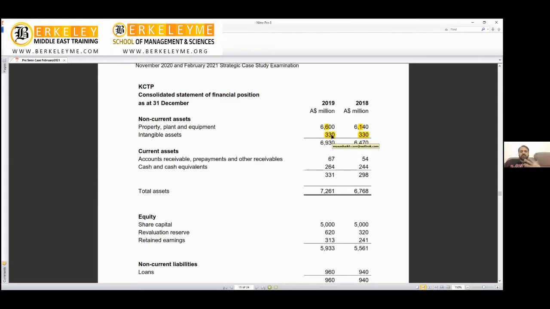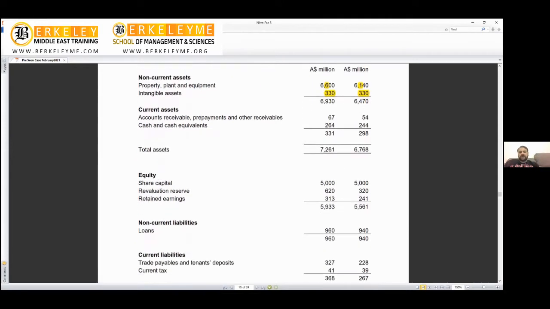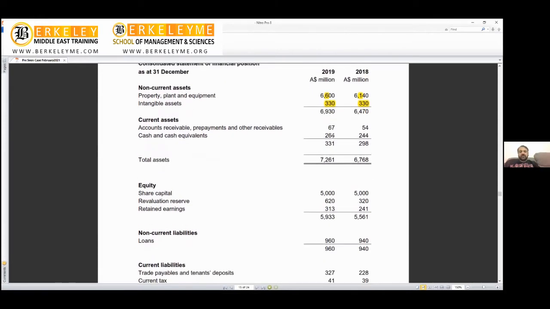So what are the intangible assets? They can be your copyrights, your patents, any kind of precious things that are not having a physical shape, like as I told you, copyright, patents. So this we need to drill down: what is the intangible asset, and is it for the whole life, is it indefinite life, or does it have a life?